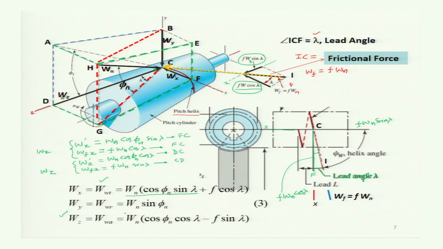Now as the frictional force is acting in the plane of D, C, F, G, there is no component along the y direction, and so Wy will remain unchanged. Well, and so Wy, which is the radial force on the worm, will remain unchanged, and it will be Wn sine phi n. Okay.